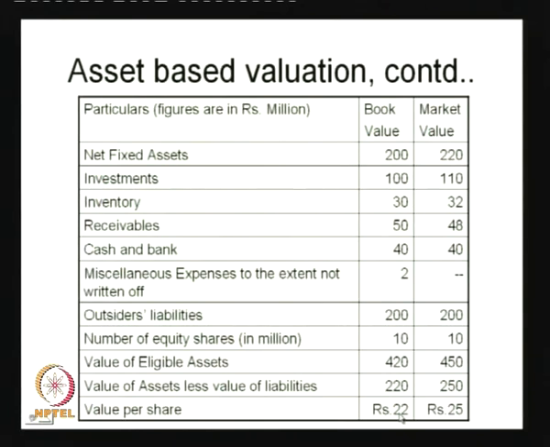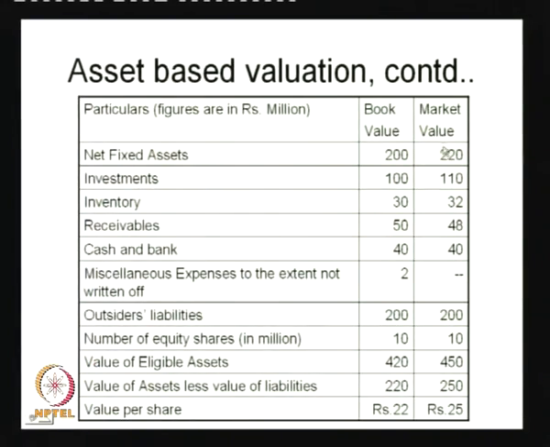This is the value per share as far as the book value approach, the historical value, is concerned. Since we have discussed that the historical value of the assets can be different from the market value, in this example we already have the market value figures for the different assets. In market value terms, the combination of these 5 assets comes to 450 million, and the 200 is the outside liability.